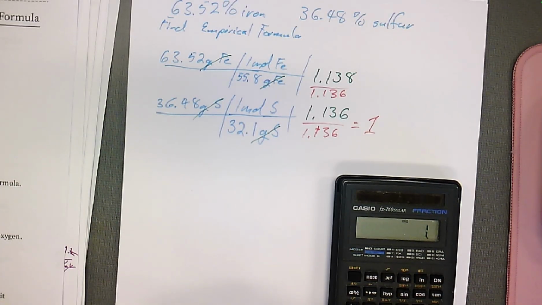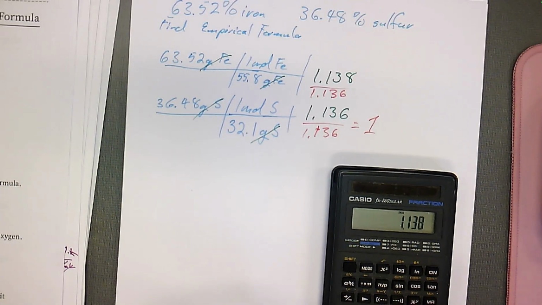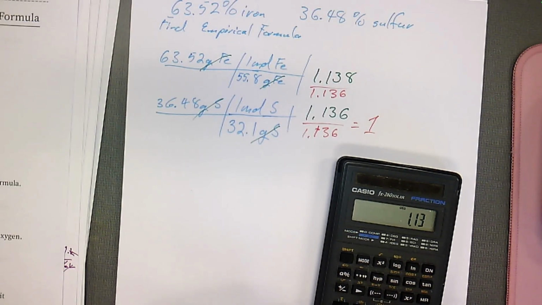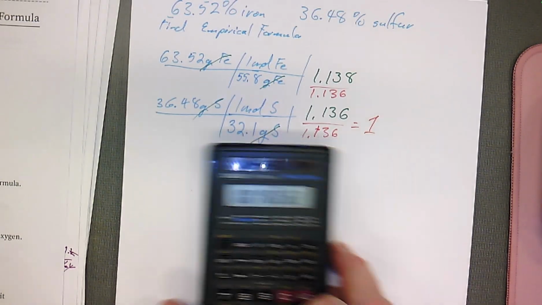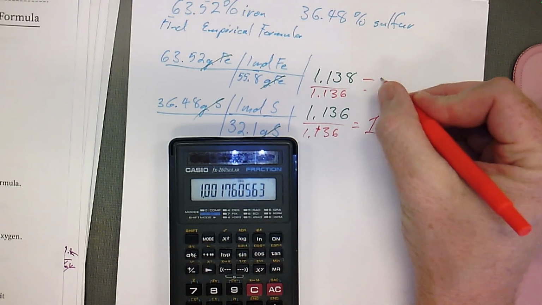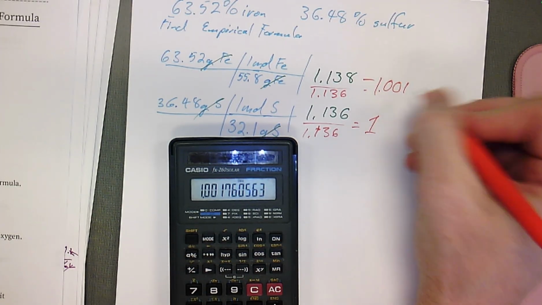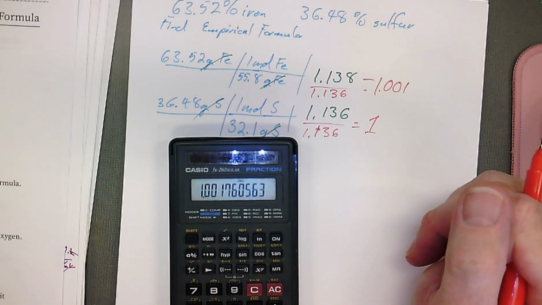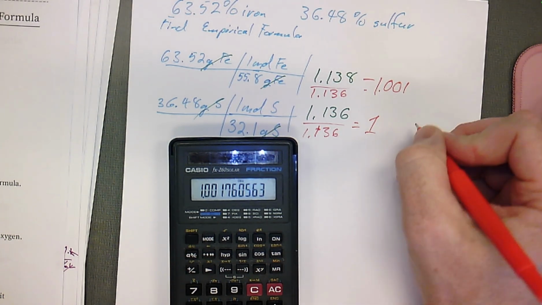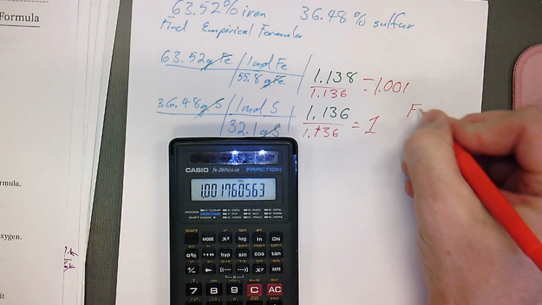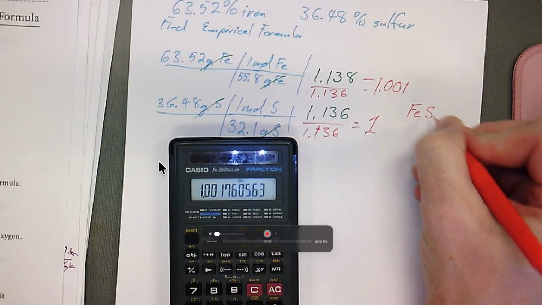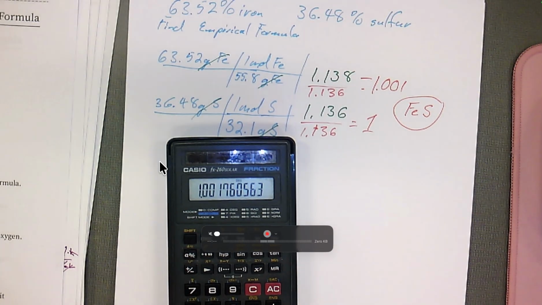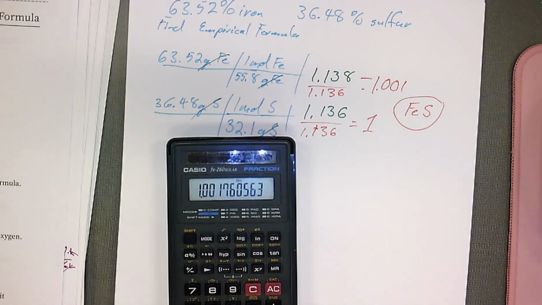Then 1.138 divided by 1.136 equals 1.001. Is that close enough that I can round it to 1? Yeah. So the empirical formula for this one will just be FeS. We don't have to do the multiplying step.